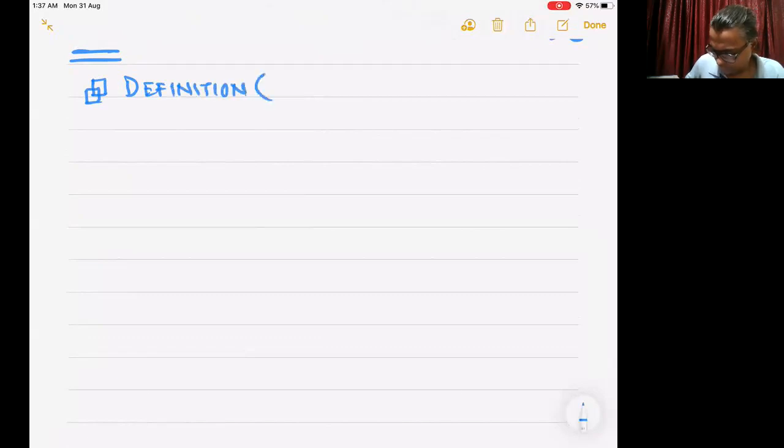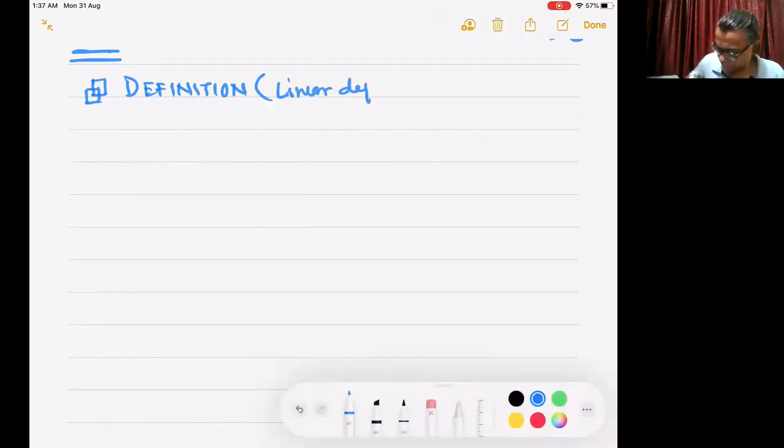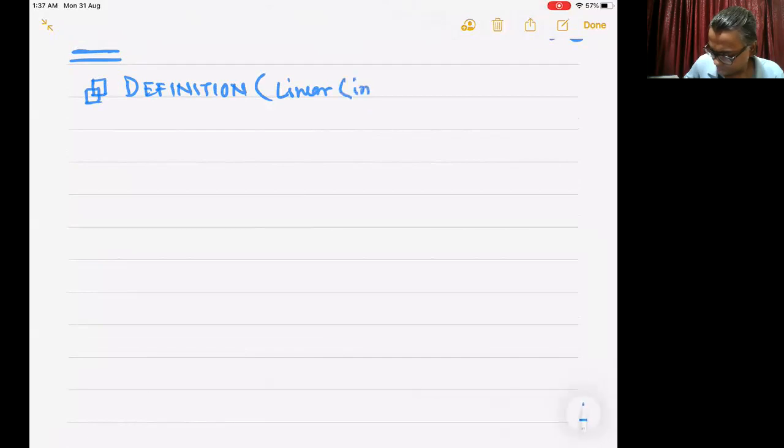Definition of linear dependence and independence. In the same definition, we'll define both concepts, dependence and independence. So that's why I'm writing it this way. Now, what is the idea? How do we define this linear independence?